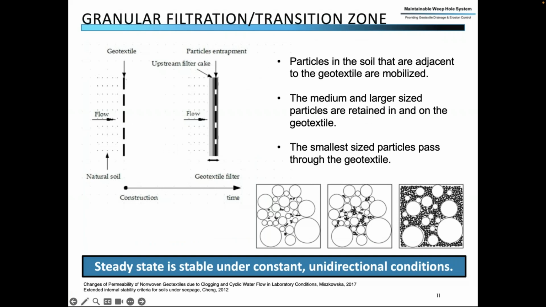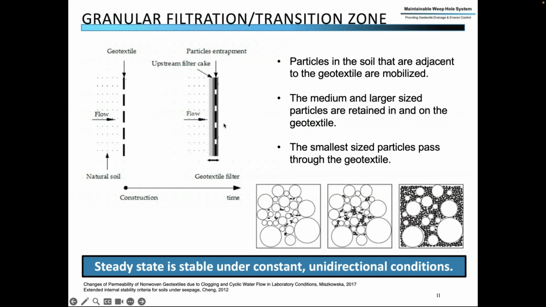But what really happens with soil filtration and geotextiles when they're put into the backfill? In this example here, you can see the geotextile is flush up against a wall. Water's flowing from the left to the right.